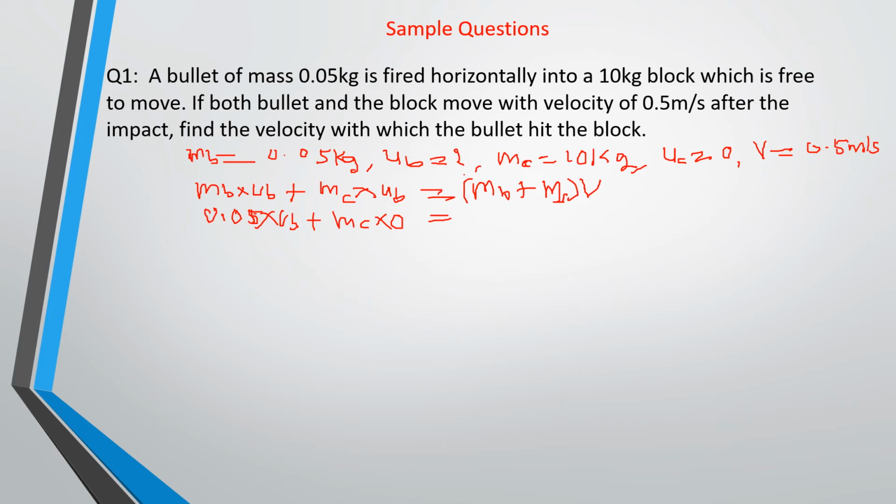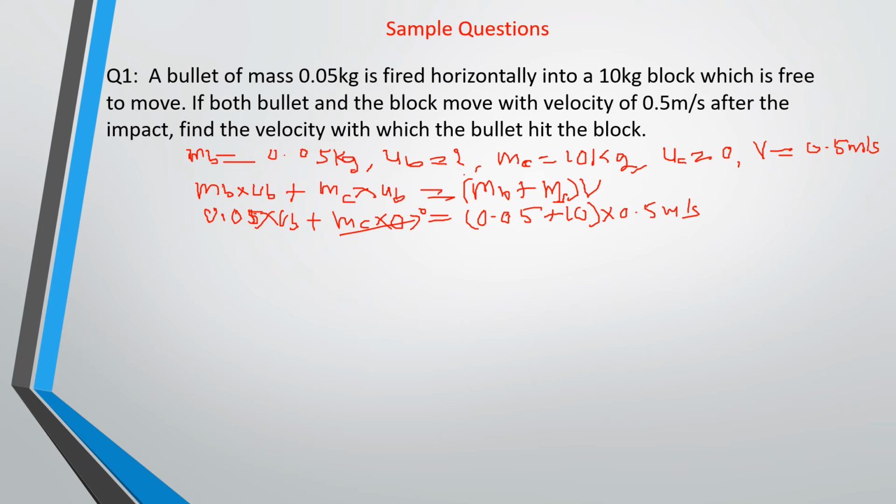Then you now add their masses and multiply by their common velocity. So you have 0.05 plus 10 kg, multiplied by 0.5 meters per second. When you work this out, 10 times 0 is 0. The momentum of the block is 0.